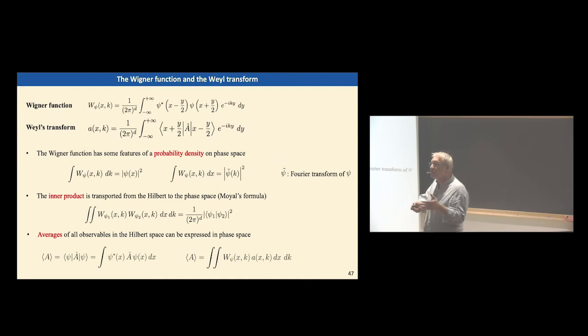So for example, the kinetic energy is h bar squared k squared over 2m. Instead of looking at this, you compute A of x,k, which is h bar squared k squared over 2m, but you integrate it over the Wigner function of psi. The Wigner function is seen as a weight in phase space, and it's the way you can compute the average kinetic energy of a state.